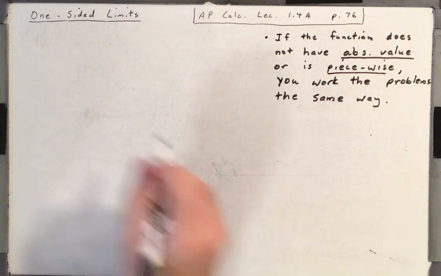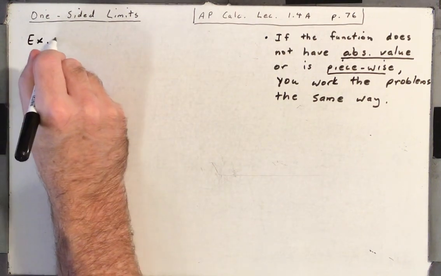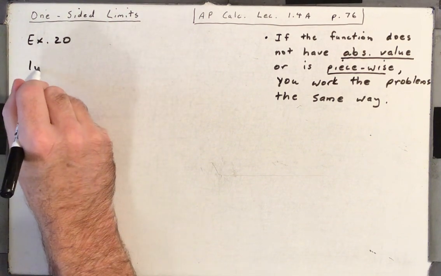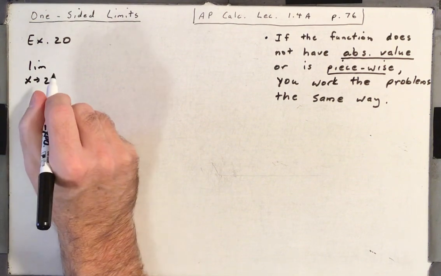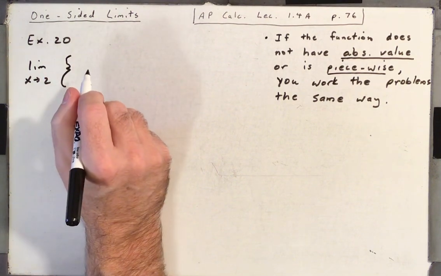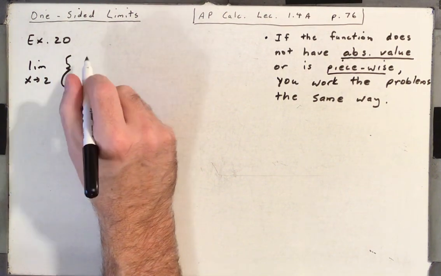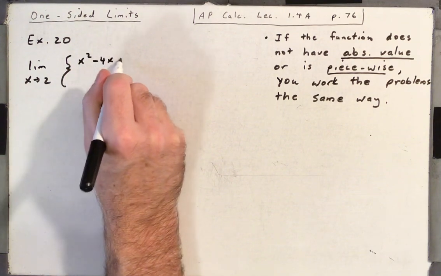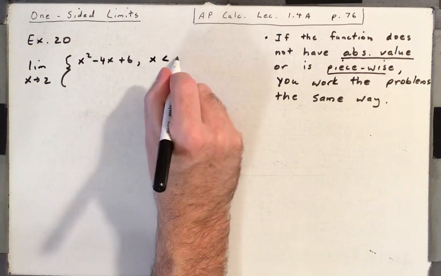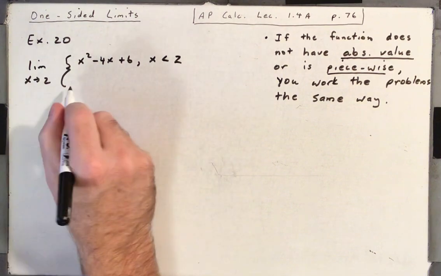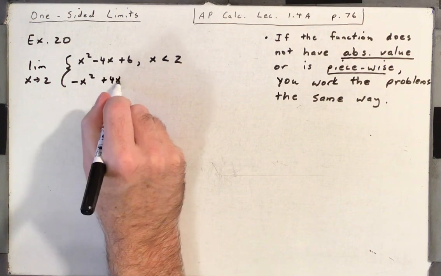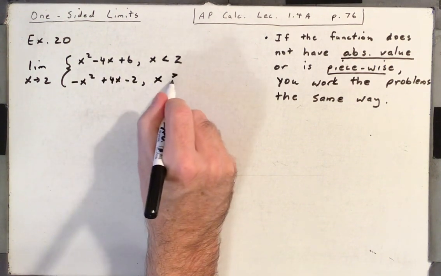So that's going to be example 20. So for that one, we have the limit as x approaches 2. And it is x squared minus 4x plus 6 when x is less than 2, meaning from the left, and then negative x squared plus 4x minus 2 when x is greater than or equal to 2.